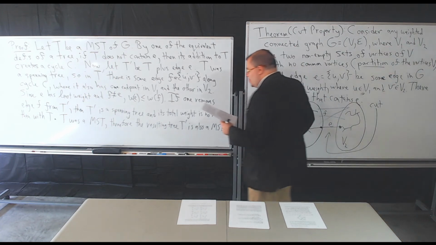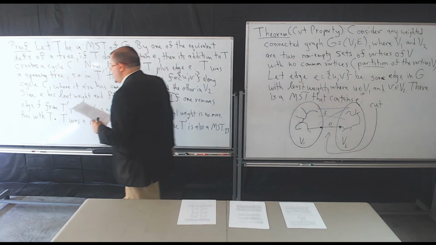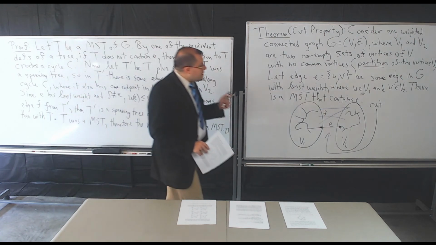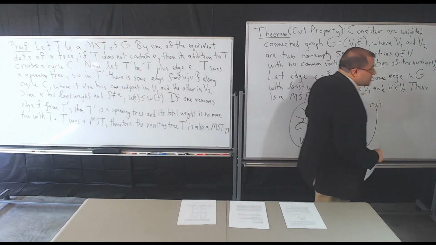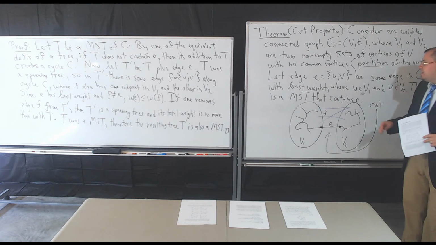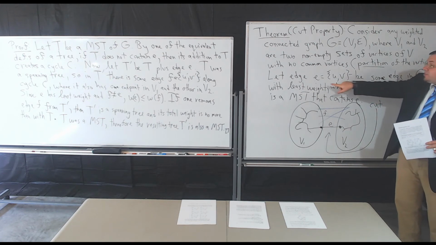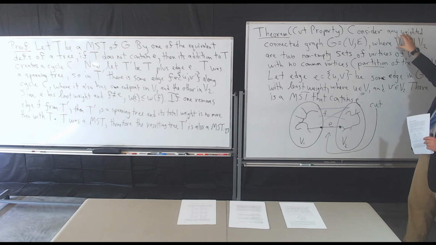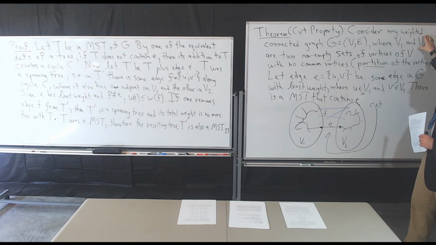So there's another, more deep way you can look at this result. Observe that all this means, and this is really what's going to be at the heart of our algorithms, is that I just need to find the least weight edge that goes from some vertex in V1 to another vertex that's in V2.